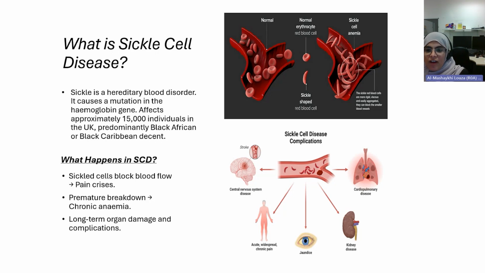It can cause cardiopulmonary disease and pulmonary hypertension, and can also affect the kidney by causing chronic kidney disease. It affects the eye: chronic haemolysis causes jaundice in the eye, and patients can also develop retinopathy. And definitely it will cause acute and chronic pain crisis.